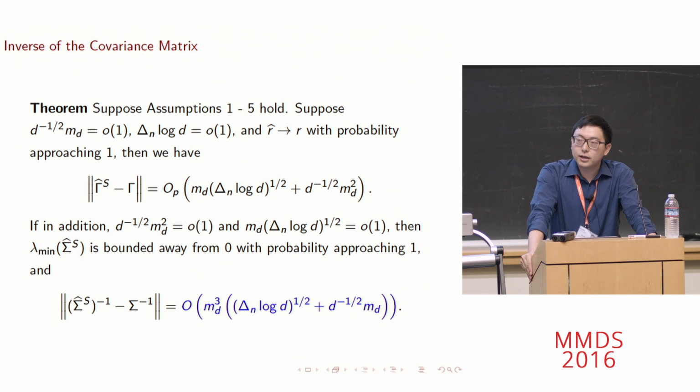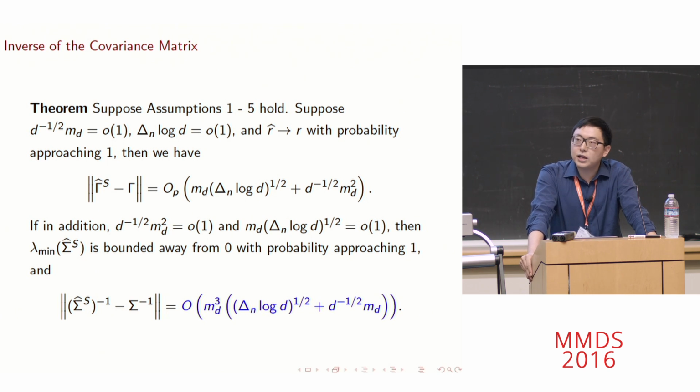More importantly, we can show that the smallest eigenvalue of the truncated covariance matrix estimator is bounded away from 0 with probability approaching 1. Therefore, our covariance matrix is well conditioned, and we can also find the rate for the inverse of the covariance matrix.